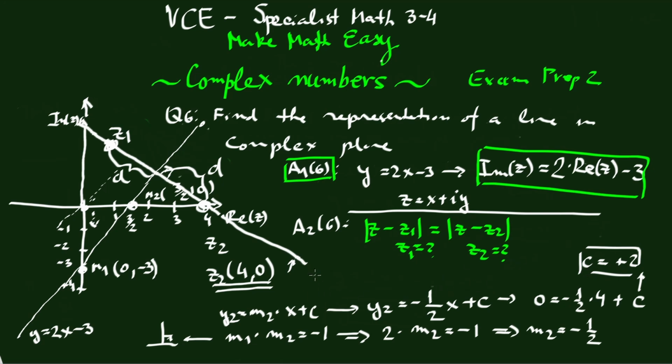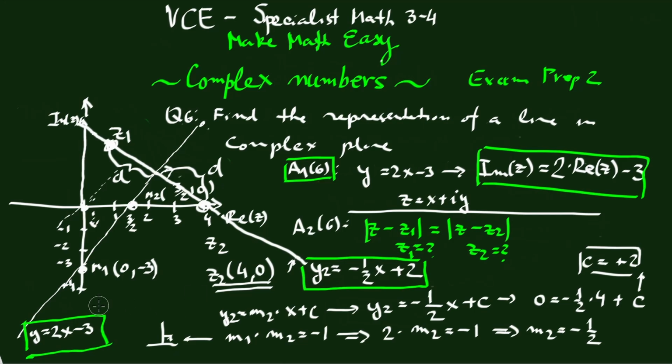Therefore, our equation for line 2 becomes y equals minus 1/2 of x plus 2. So now let's make that more visible. That's our equation for line 2. This is our equation for line 1. Let's make more room now.